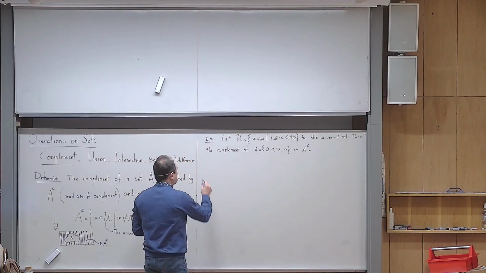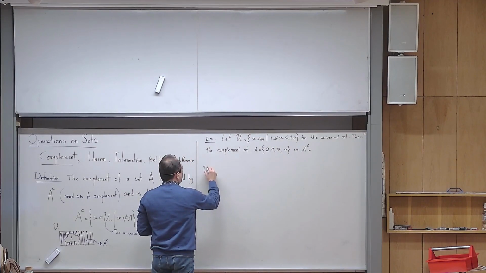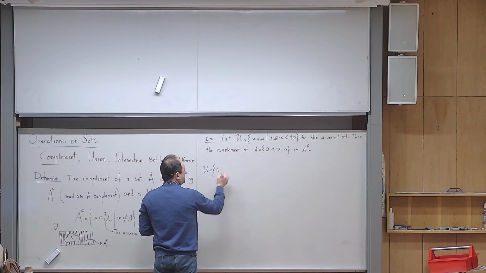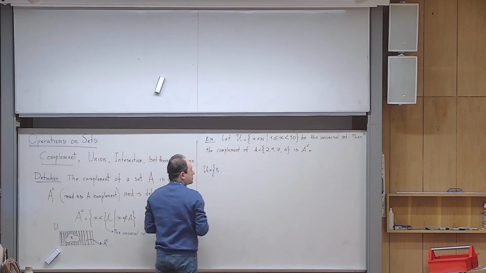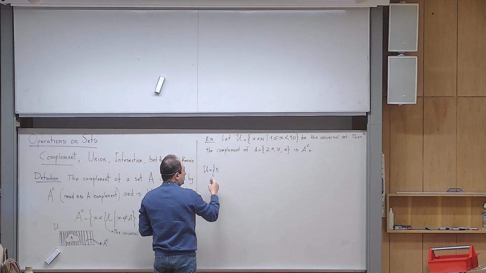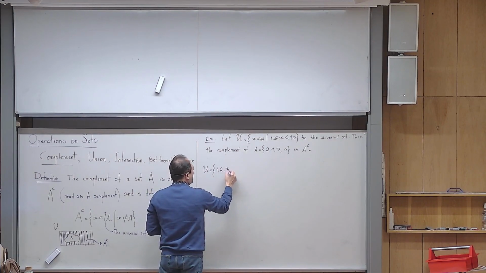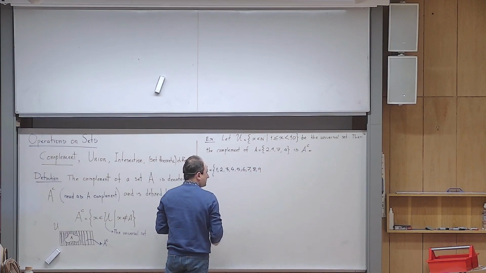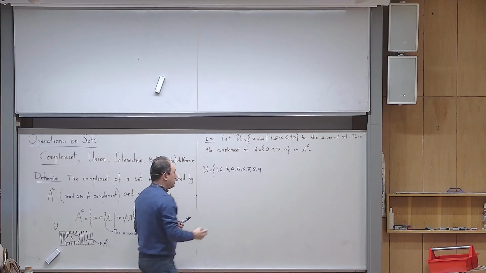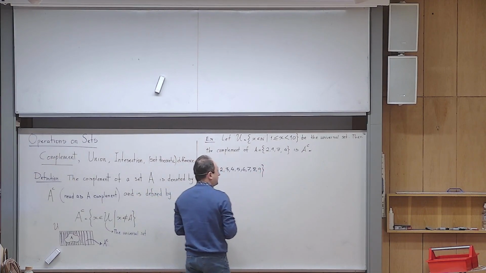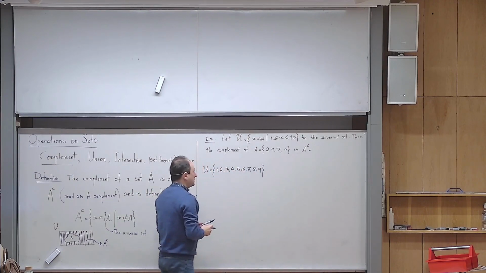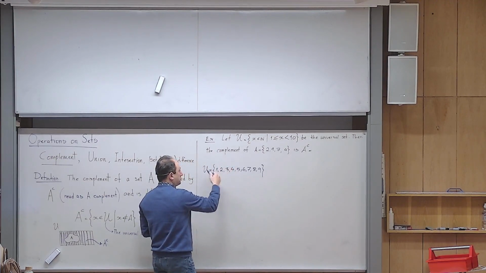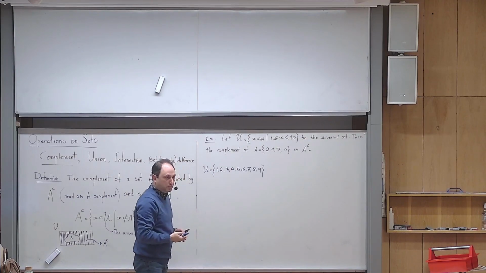If you want, you can write U explicitly to imagine it easier. So what is U? U starts from 1. I am only considering natural numbers, so I write 1, and then 2, 3, 4, 5, 6, 7, 8, and 9, because 10 is not acceptable here. Okay, and then I close this. Now, if I want to find the complement, I need to eliminate elements of A from U. What is left is A complement.